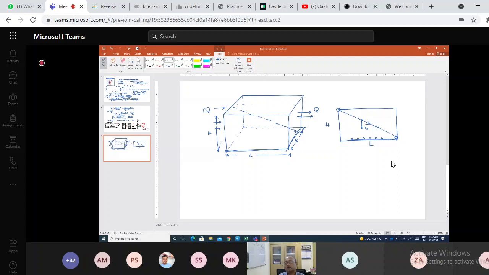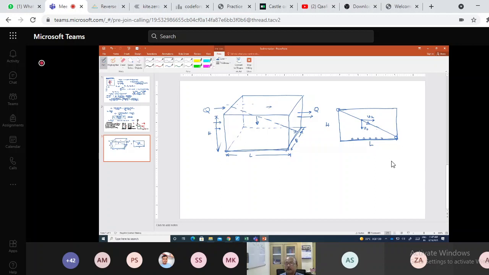Okay, so as you can see, the particles will have a velocity in the downward direction, but they are also going in this direction, so they will have a velocity in the horizontal direction as well. So we call it Vx.